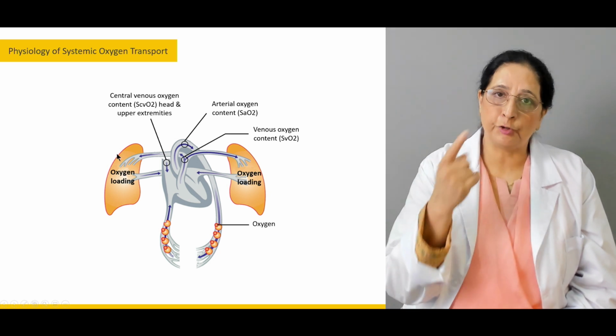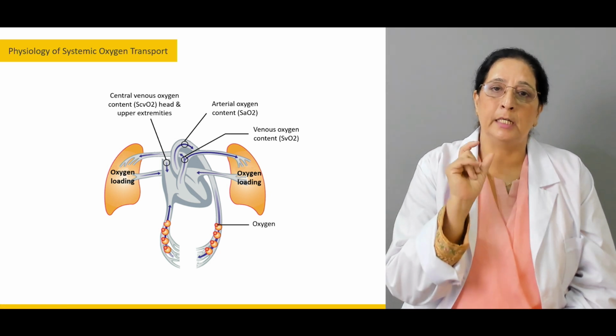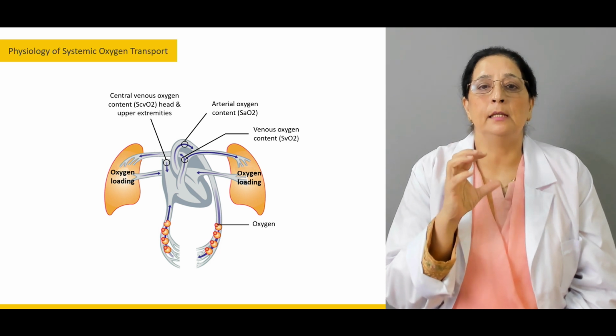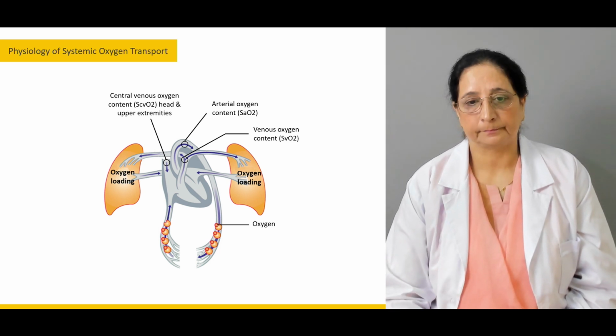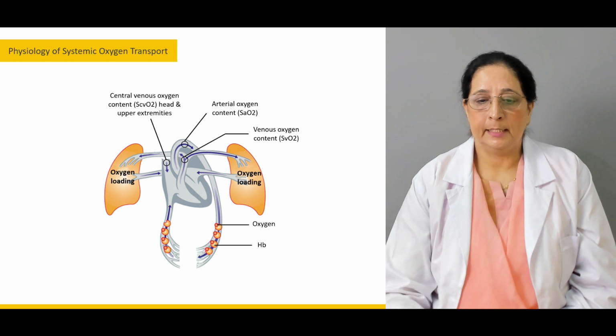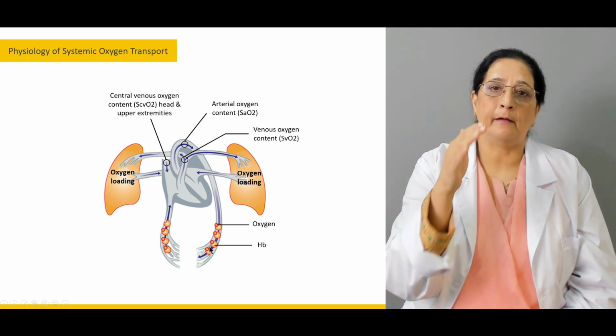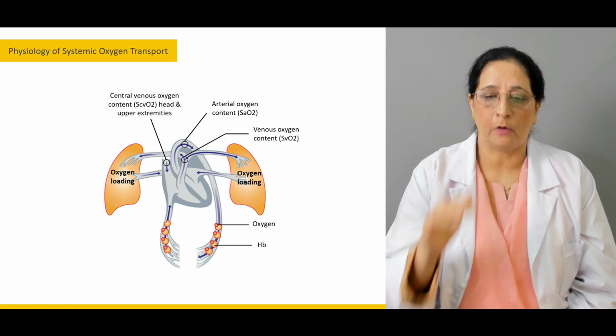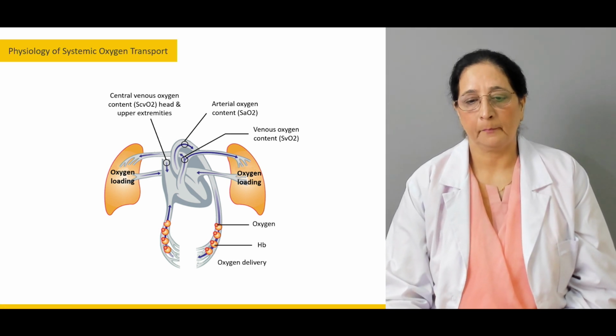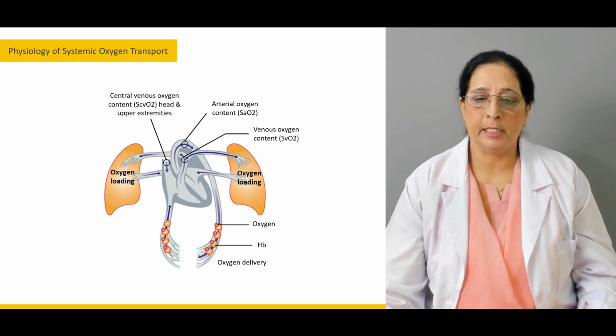Again, it's an artery, but it carries deoxygenated blood and gives us the venous saturation. This is the hemoglobin, as I mentioned, and each hemoglobin carries 4 molecules of oxygen, and the oxygen is delivered.